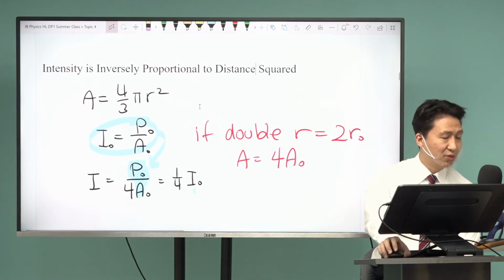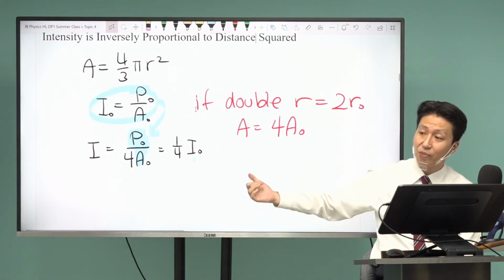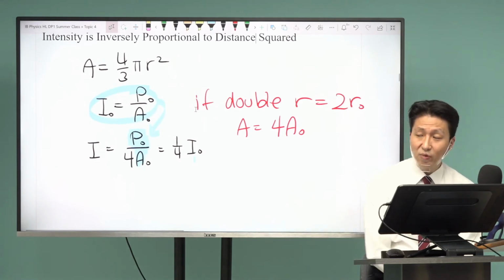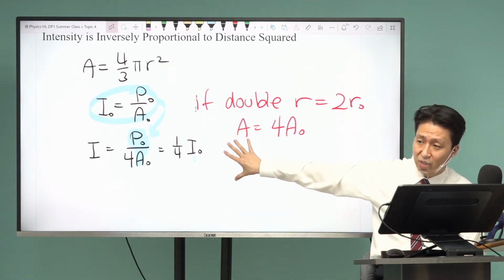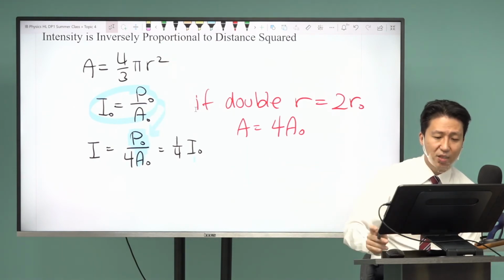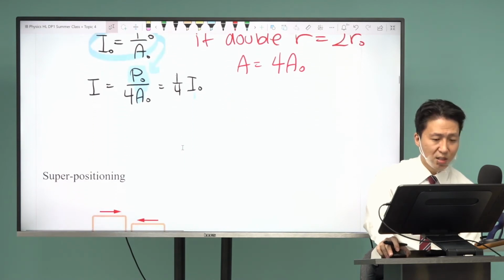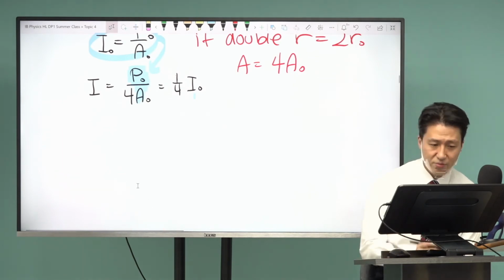What about the amplitude though? And this is what we talked about in the problem as well. We know how the energy and intensity is going to change, right? It evenly spreads out. But what about the amplitude?